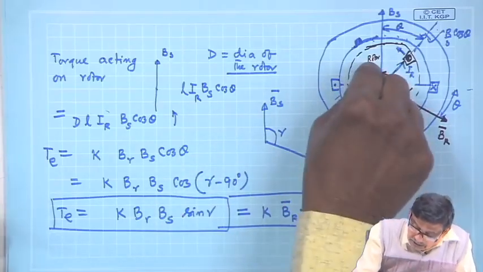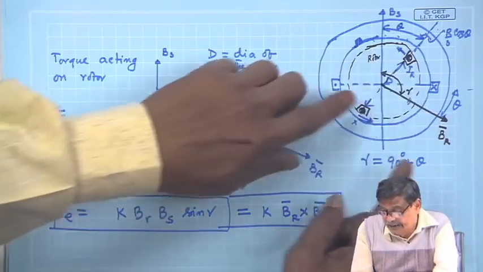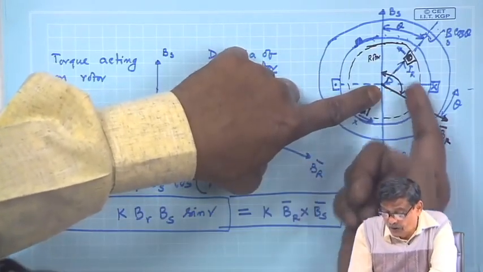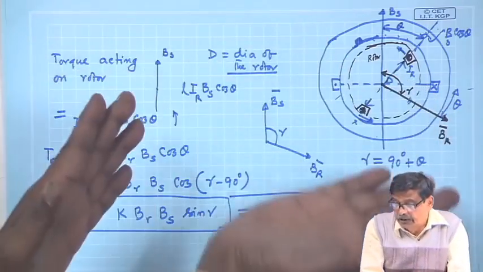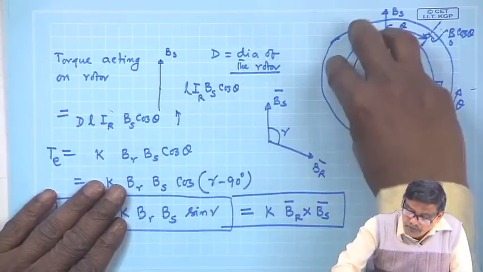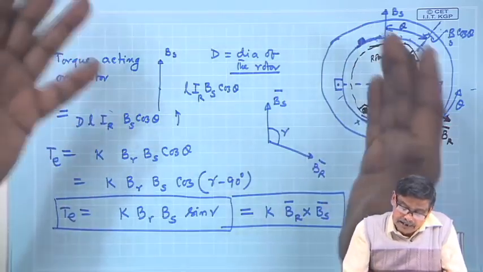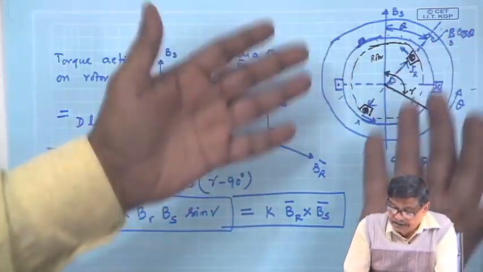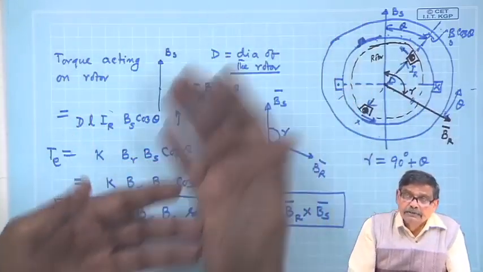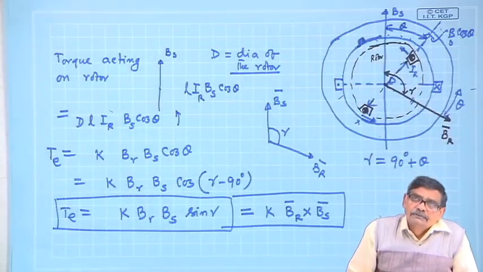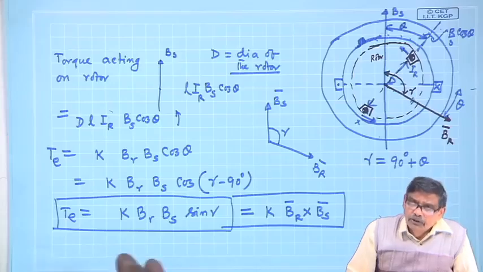I have held it to understand how much torque is developed in this position. If you release your hand, what will you observe? The rotor will move, and in this particular example, if these are DC currents, BR and BS will finally get aligned and there will be no torque. That game will be over.